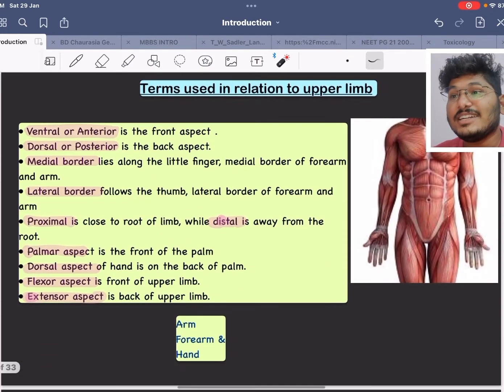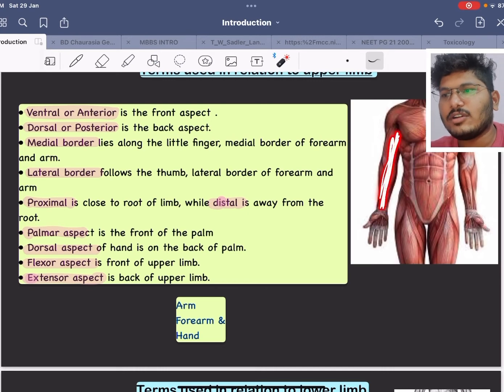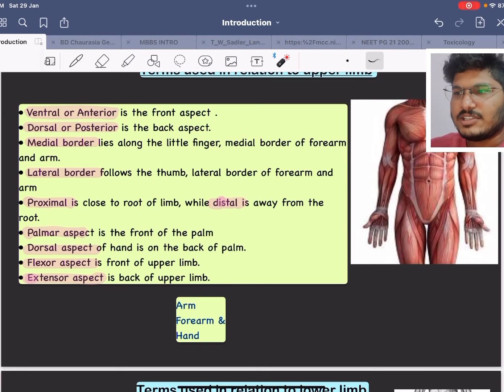Next, terms related to the upper limb. Again, we should apply the same concept for the upper limb as in the trunk. The term ventral means anterior or front. So this is the ventral, anterior or front of the upper limb. Dorsal, this picture doesn't show dorsal. Dorsal is the back side, the posterior or back aspect. These terms are given in relation to the anatomical position.